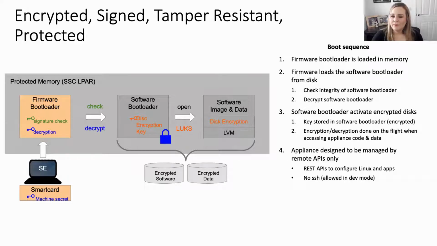Because we have encrypted software and encrypted data, you can only manage this appliance through REST APIs. So you can't just SSH into this. Everything that you're going to do is going to be done remotely, and you're going to talk and authenticate to be able to do that. So we're going to have the secret that we pass to show that we are a trusted person and we can actually do things in this environment.